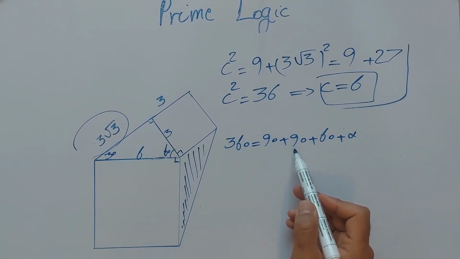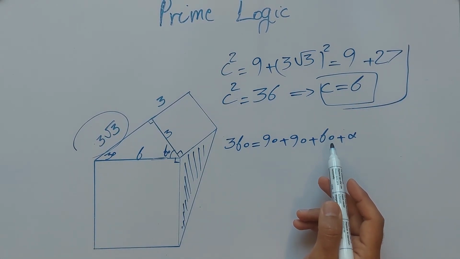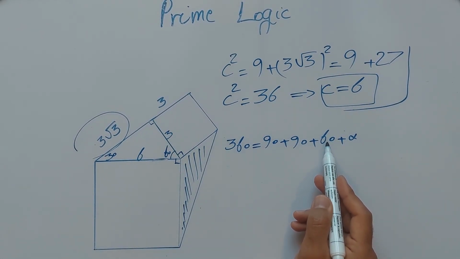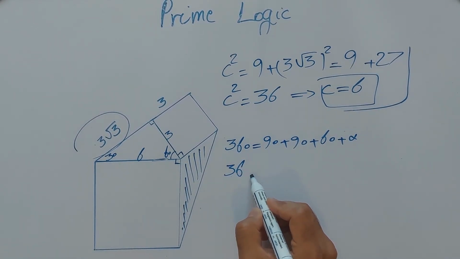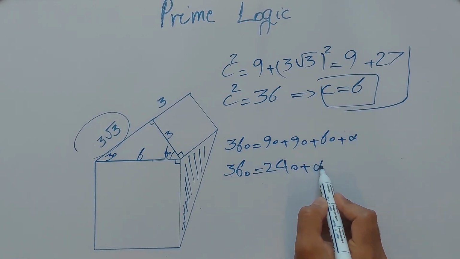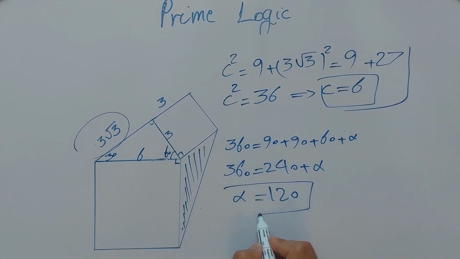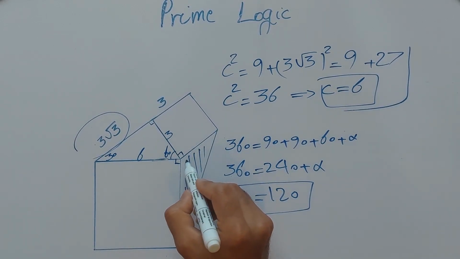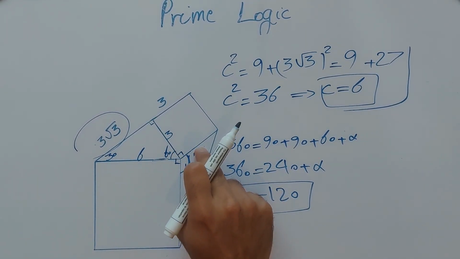So 90 plus 90 is 180 degrees. 180 degrees plus 60 degrees is 240. So 360 equals 240 plus alpha. So alpha equals 120 degrees. So this angle here is 120 degrees.